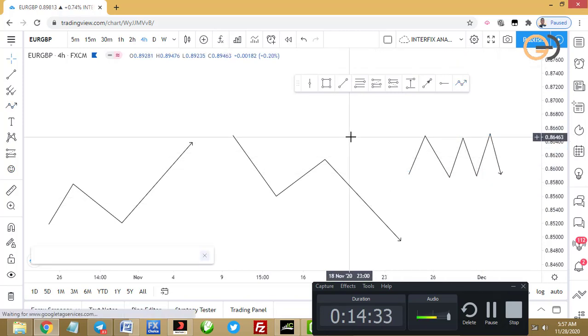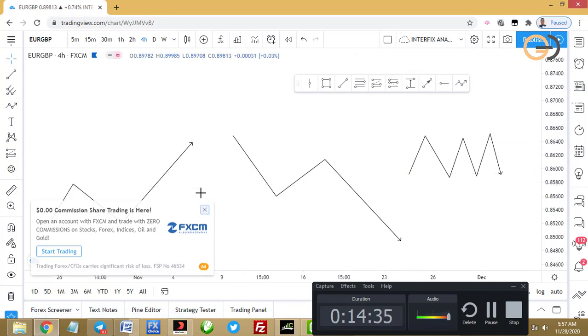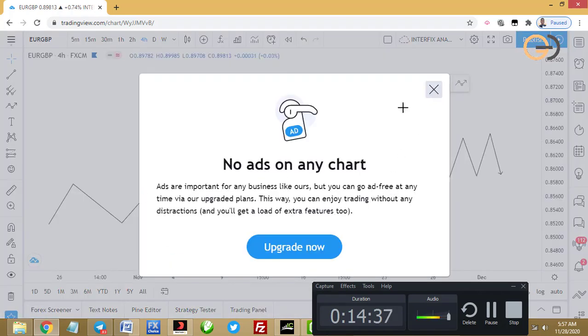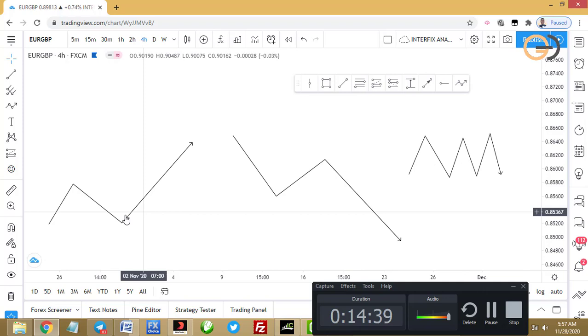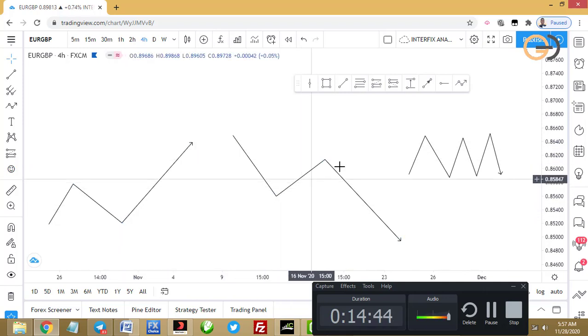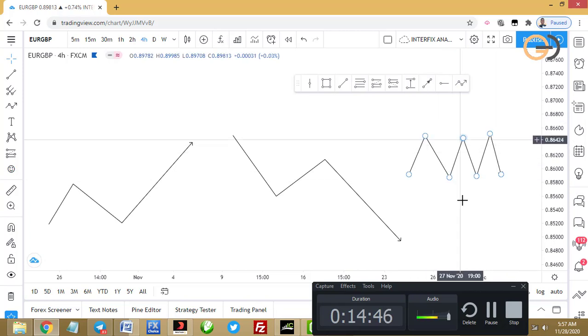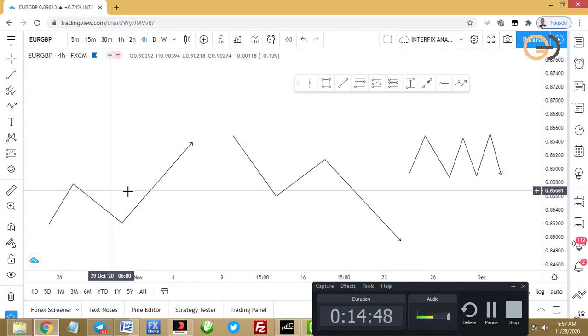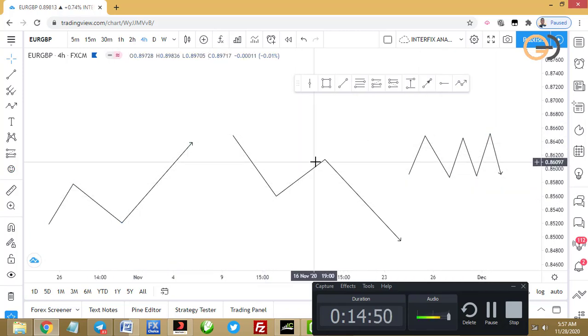So these are the 3 phases the market finds itself. You can either move to the upside at a point or to the downside at a point, or the market is ranging. The market must be in each of these phases at a time.